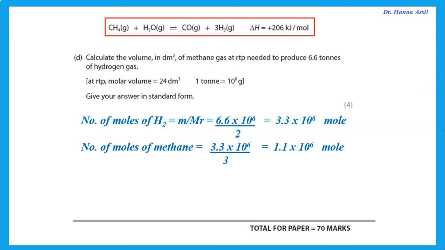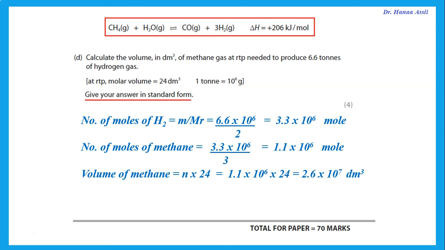So that gives number of moles of methane. Now, what are we asked to get? Volume of a gas. How do we get volume of a gas? Number of moles times 24, and that gives the volume of methane in decimeter cubed. Notice that we're required to give it in standard form, so I have to write it 2.6 times 10 to the power 7.